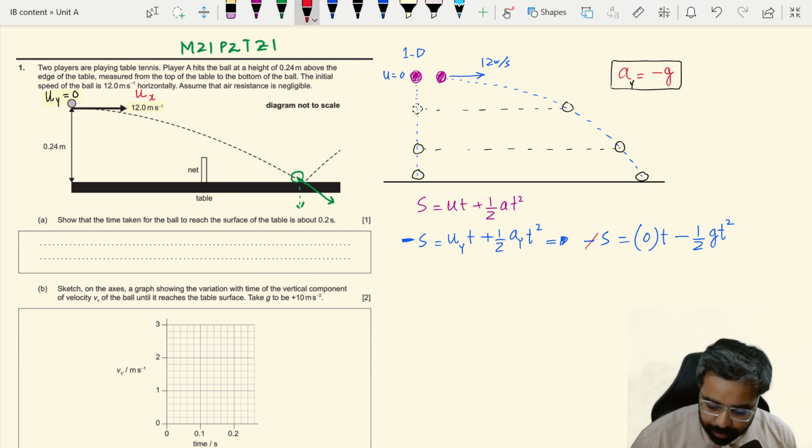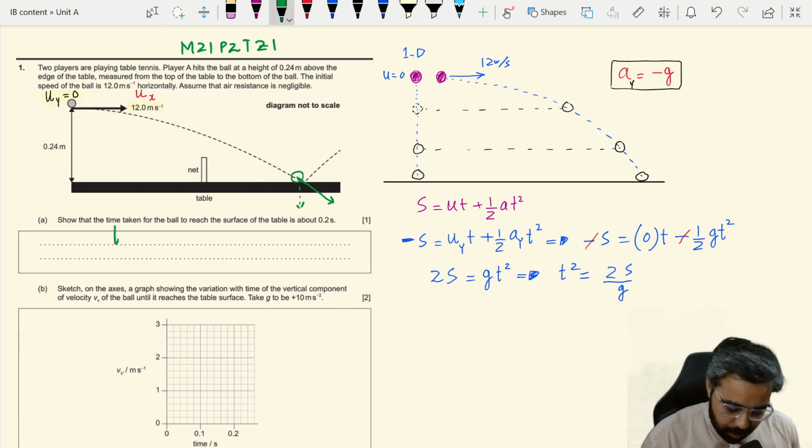From here you can cancel the negative signs, and by moving the 2 to the other side, 2s equals g t squared, and we get t squared equals 2s over g. So this is the equation you can always apply if the projectile motion is horizontal.